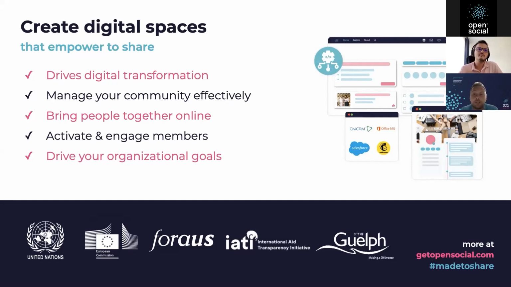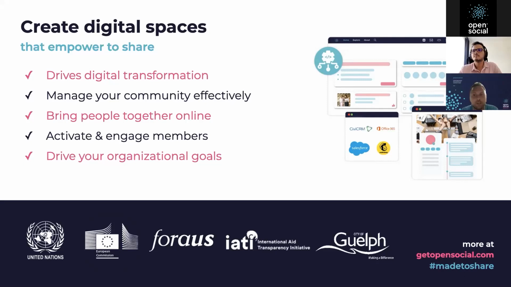We often see that digital transformation is shifting more and more online, and an online community helps the organization to do all sorts of things, to drive the digital transformation, of course, but also to manage the community more effectively, because they finally have a place where they can communicate with each other easily. Of course, there have always been other tools.